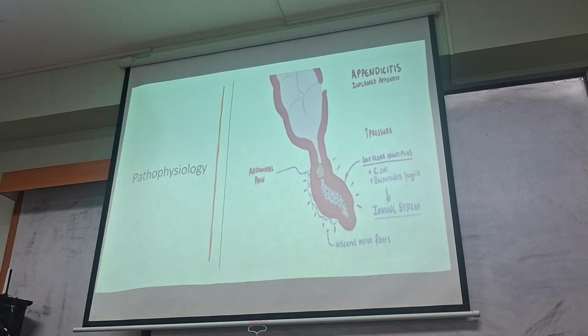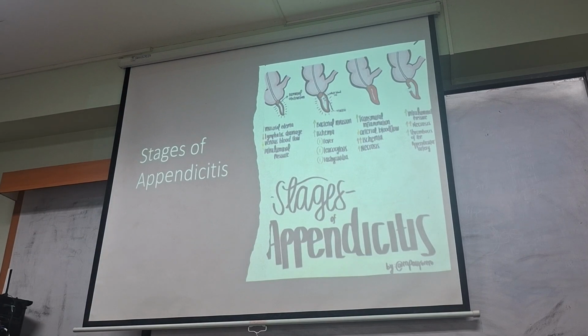So for acute appendicitis, you have to understand how it happens. Initially there's intraluminal obstruction. So the term here is what we call a closed loop obstruction. Now what is the loop? The loop is just a representation of the arterial side and venous side.